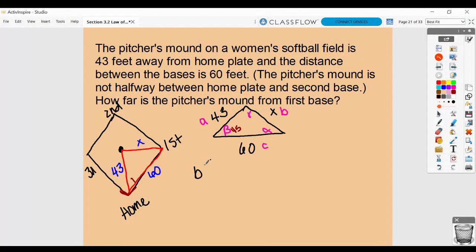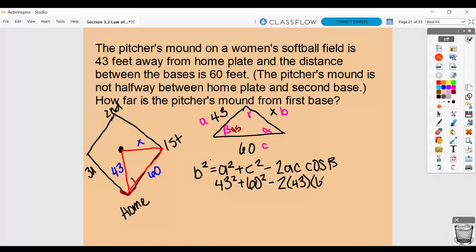So if we use our formula, we have B squared equals A squared plus C squared minus 2AC cosine of beta. So if we fill in what we have, 43 squared plus 60 squared minus 2 times 43 times 60, and then cosine of 45.